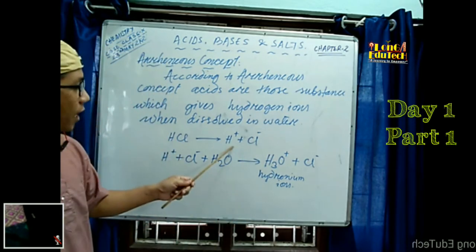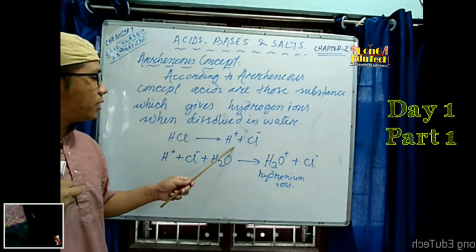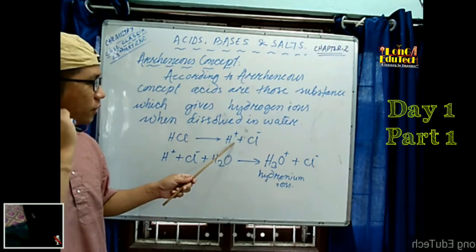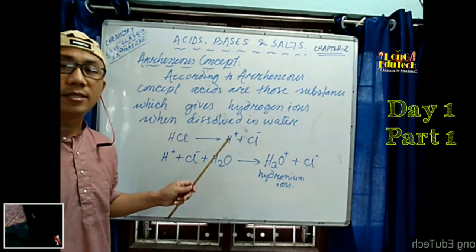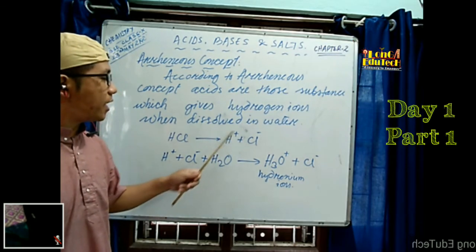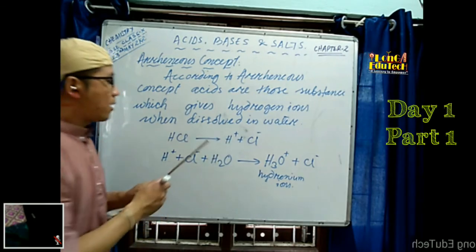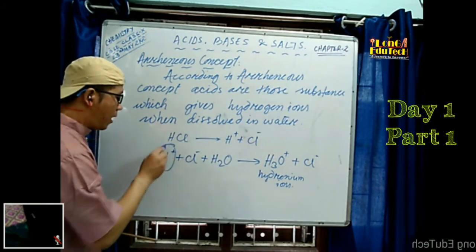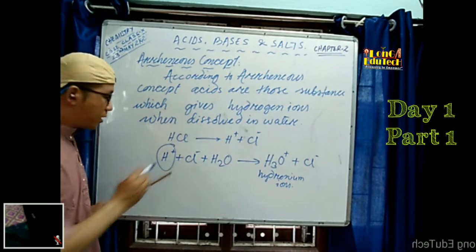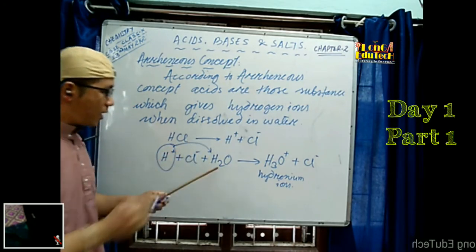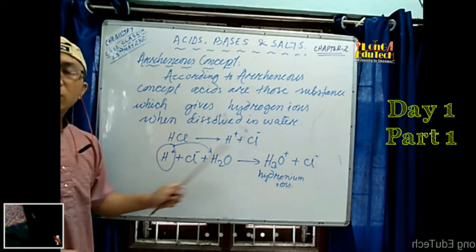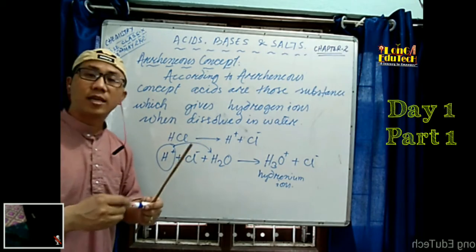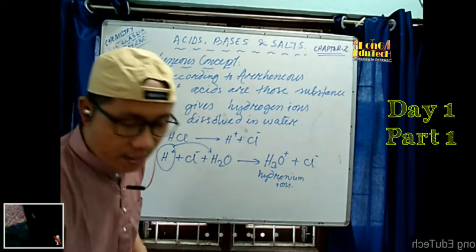This hydrogen ion is a positive charge. So any substance which can donate this positive hydrogen ion to water forms the hydronium ion, right? In that way, the Bronsted-Lowry concept explained acids.